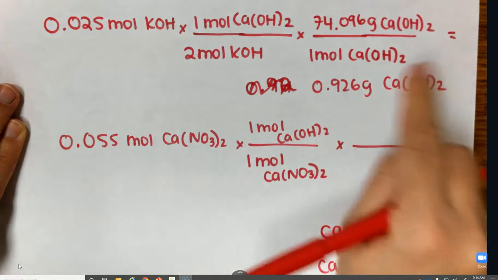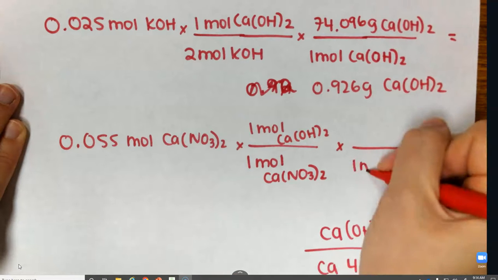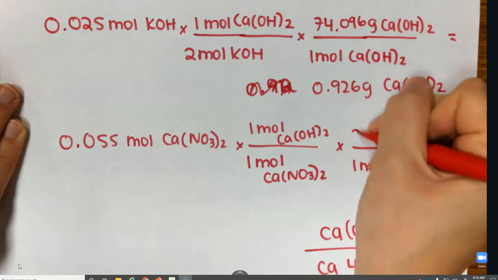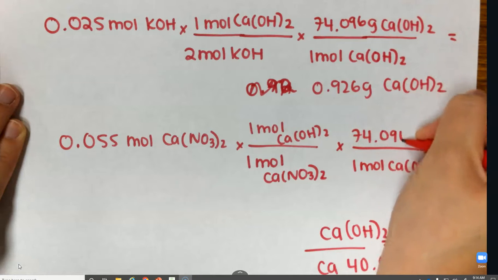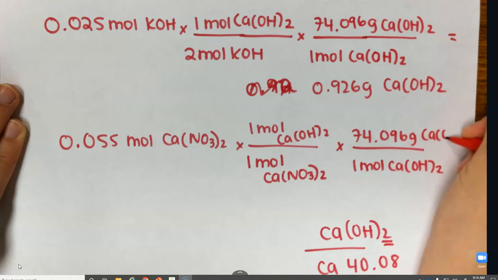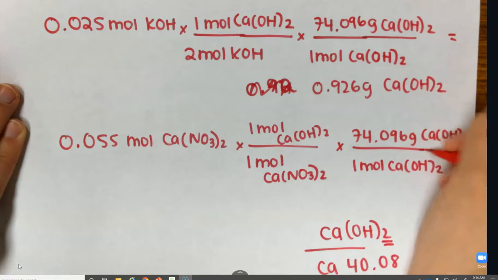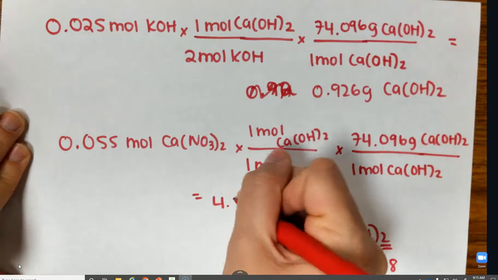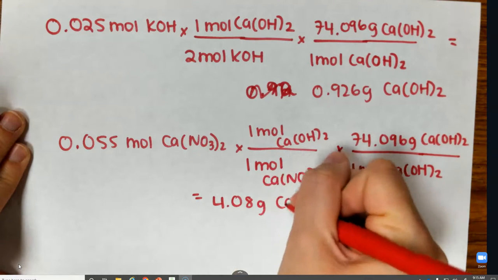And then again, 1 mole of calcium hydroxide is 74.096 grams of calcium hydroxide. And let's type that in the calculator. That gives us 4.08 grams.